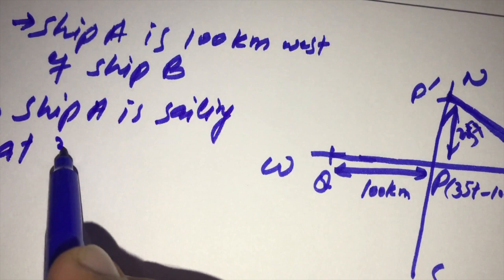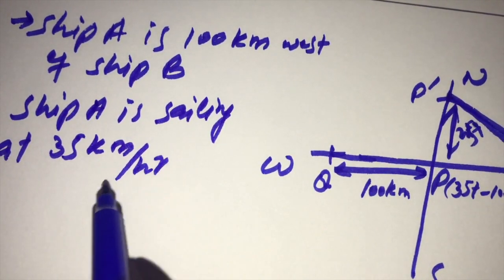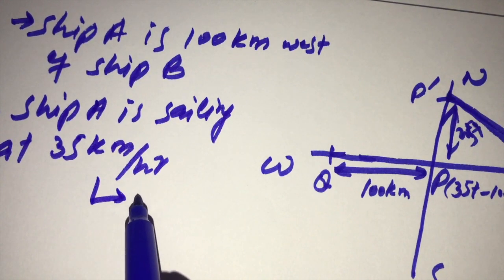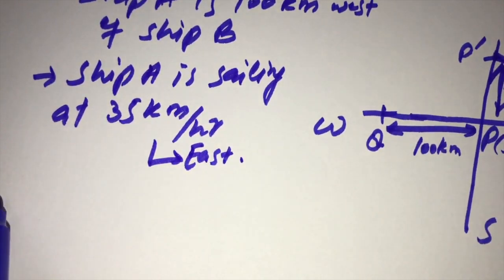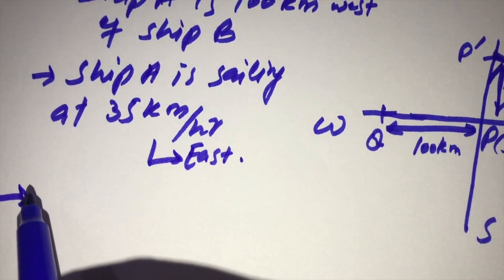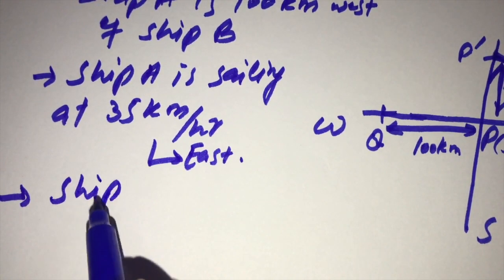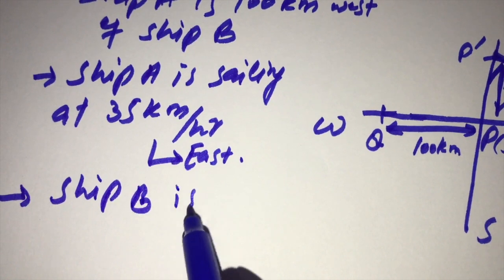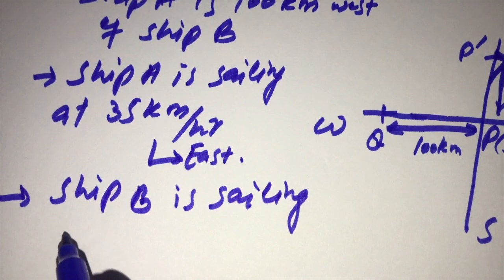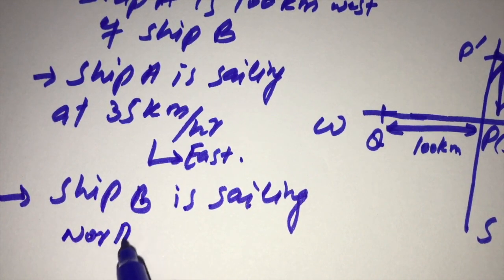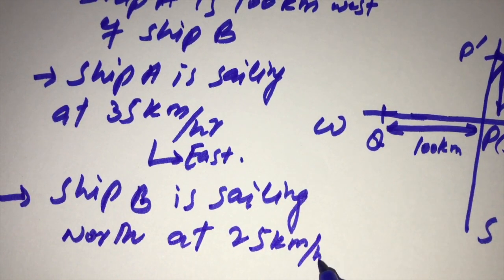Our third point is that ship B is sailing towards the north at 25 kilometers per hour.